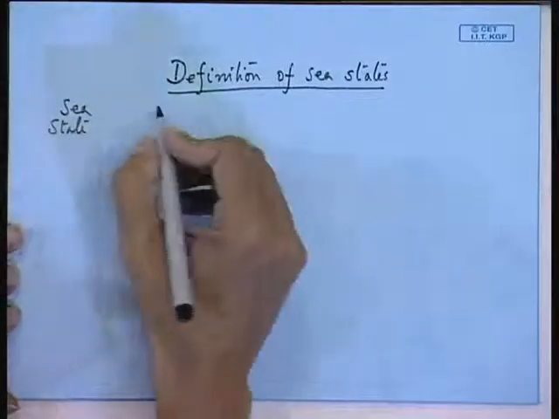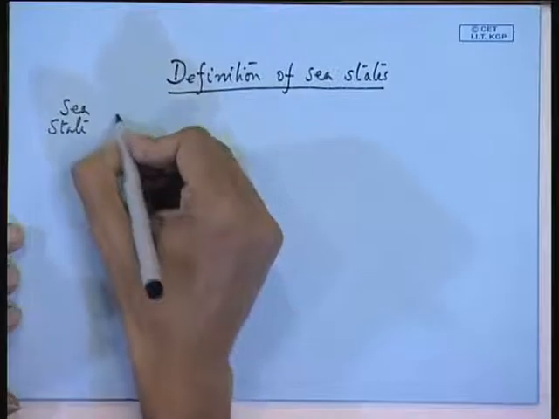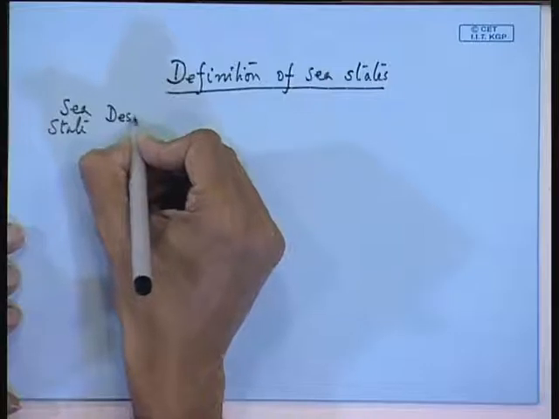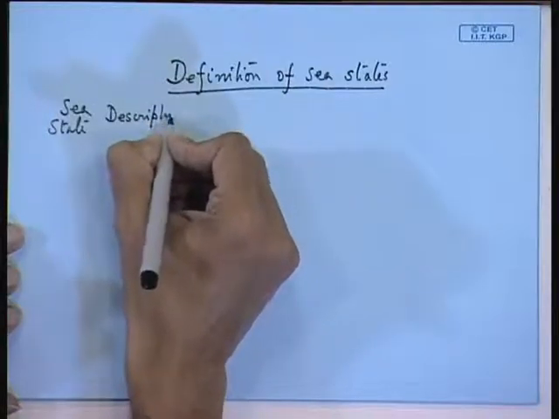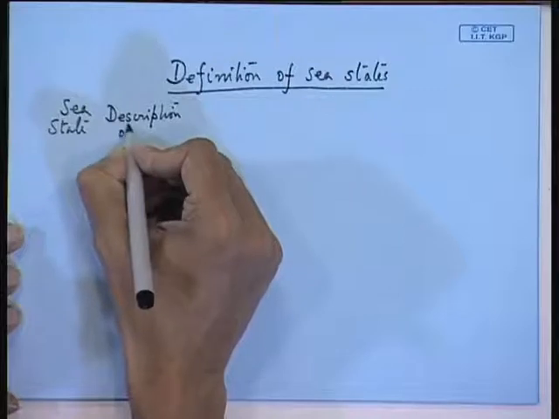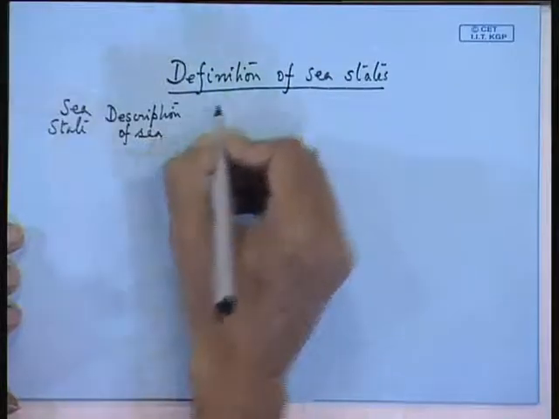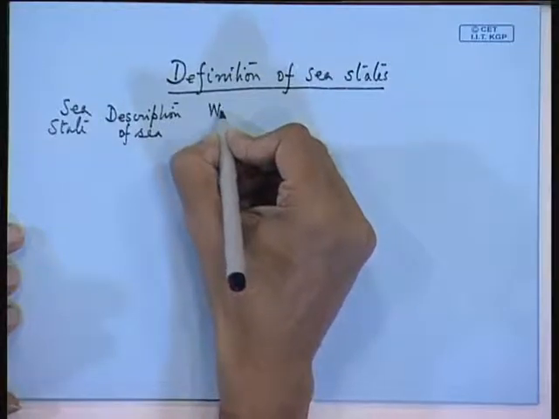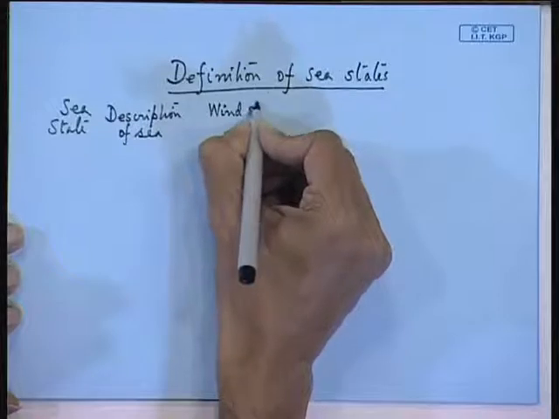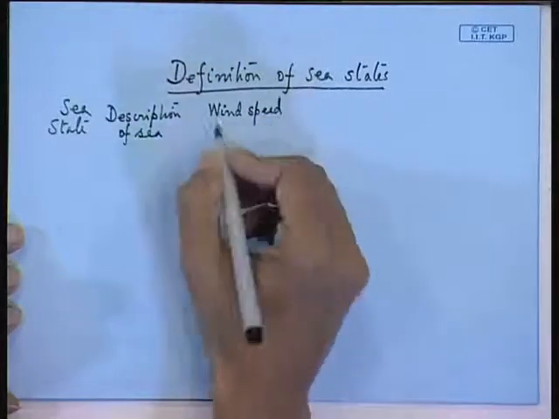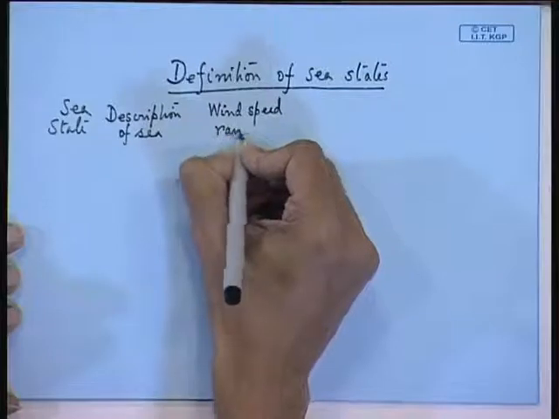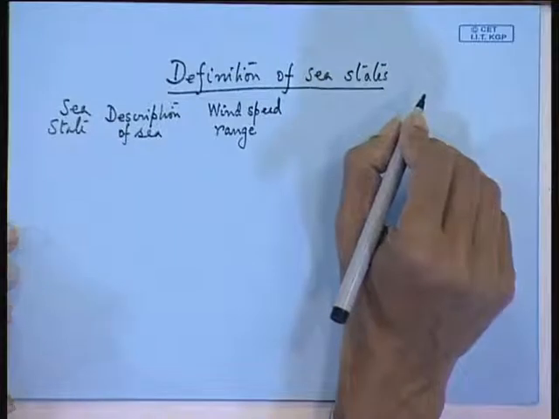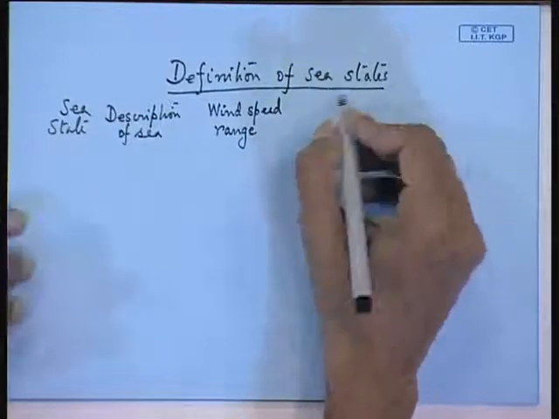There are various descriptions of the sea. It is described with respect to a certain wind speed range. Why? Because most of the waves are created by wind. That is called a wind generated wave.